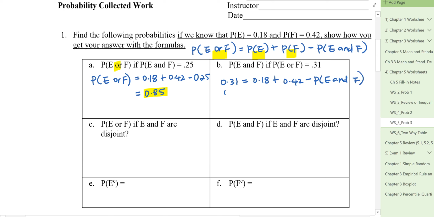Okay, so simplify: 0.31 is equal to 0.6 minus P of E and F. Now I can subtract 0.6 from both sides, then divide both sides by -1. Then I would have P of E and F is equal to 0.29.